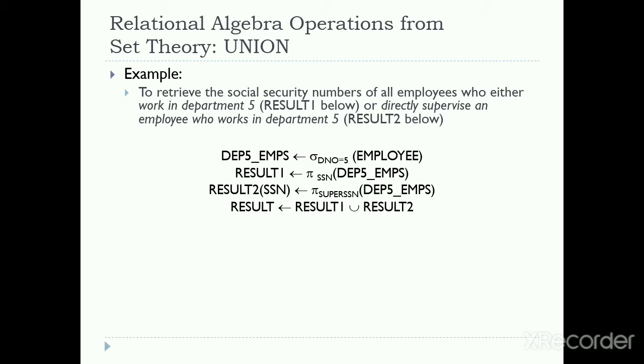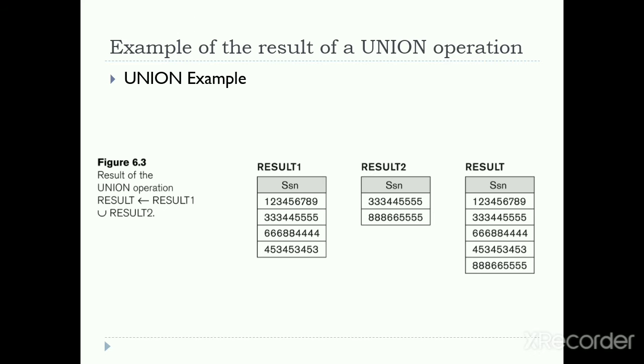Now what is the next step? We have to take the union, result 1 union result 2, and we'll see the output of this. Result 1 has 4 different SSNs, and result 2 gives you the Super_SSNs of those who are supervising the employees in department 5.